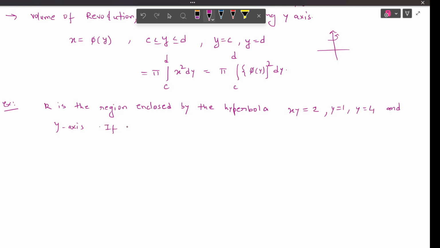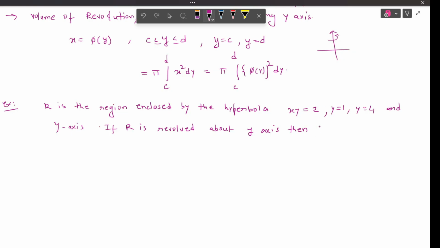If R is revolved about y-axis, then what will be the volume of revolution of this?